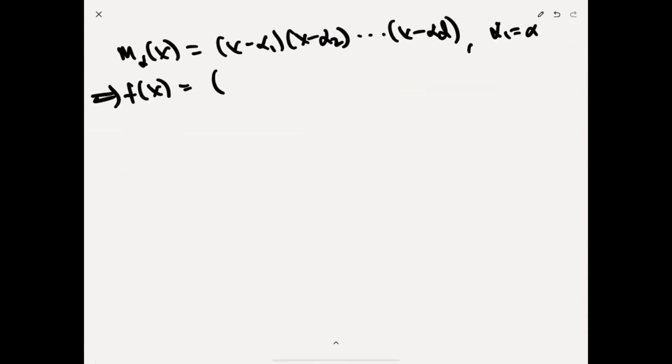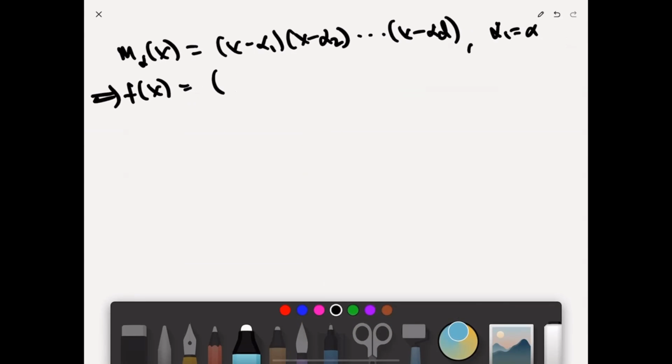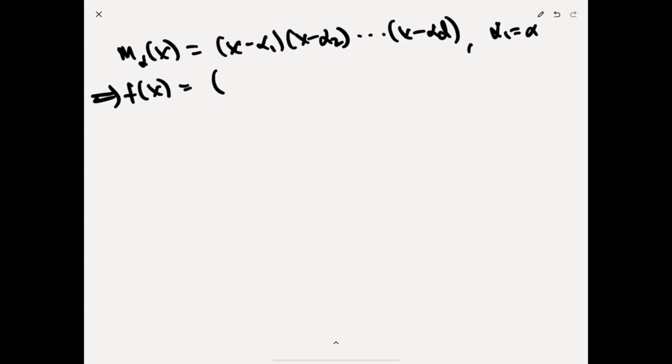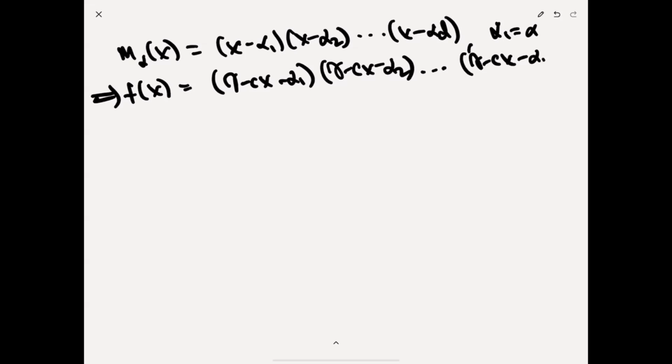Now I plug in everywhere for x: gamma minus c x minus alpha 1, gamma minus c x minus alpha 2, and so on up to gamma minus c x minus alpha d. And we can figure out what the roots are.